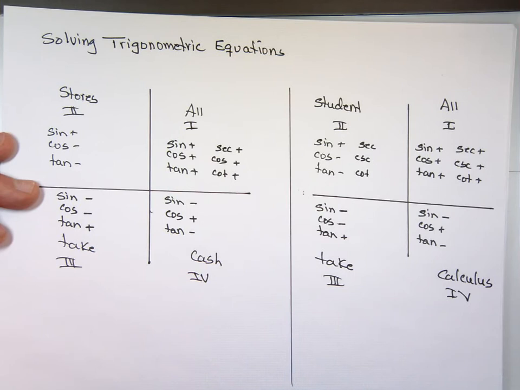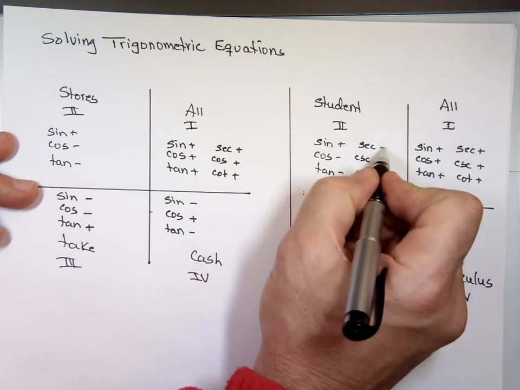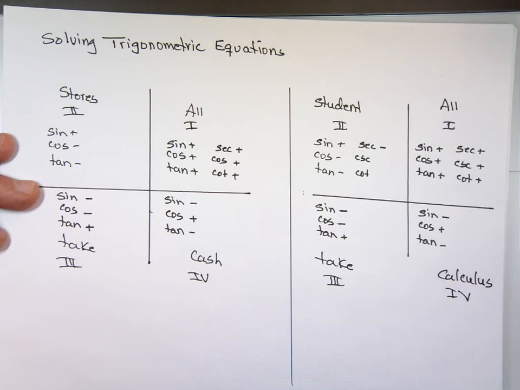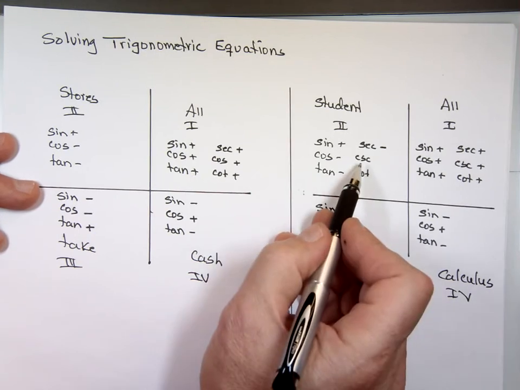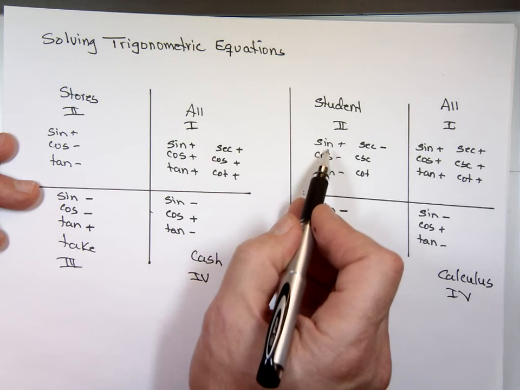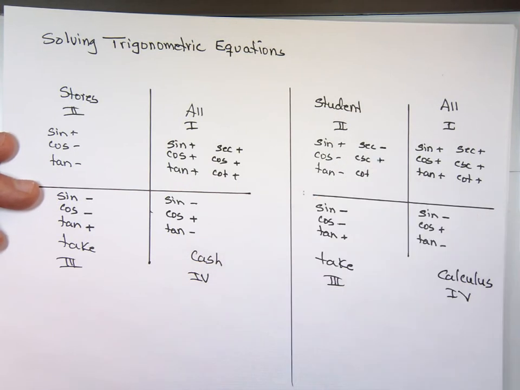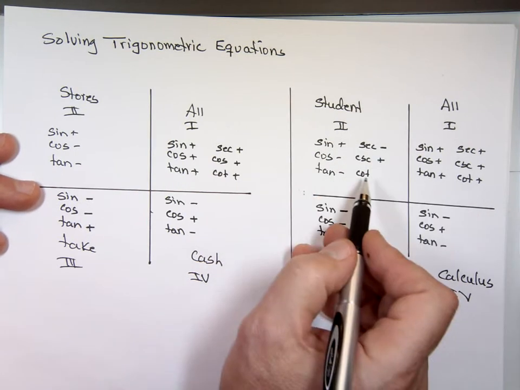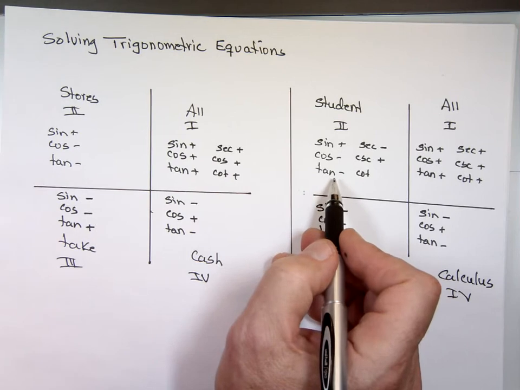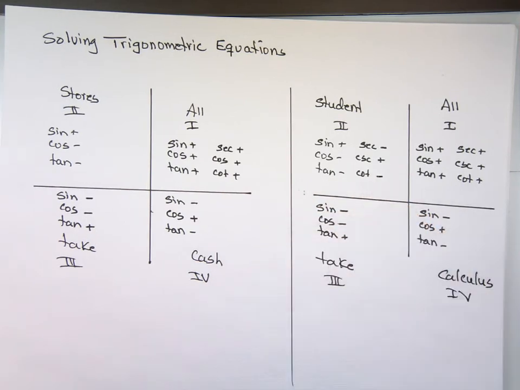Now secant is 1 over what? Cosine. Since the cosine is negative, 1 over a negative number is negative. Cosecant is 1 over the sine. Since the sine is positive, this is positive. And cotangent is 1 over the tangent. If the tangent is negative, this is negative.